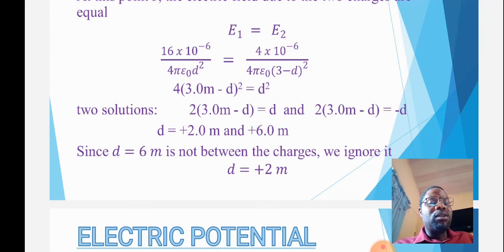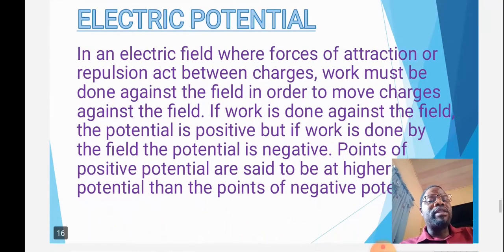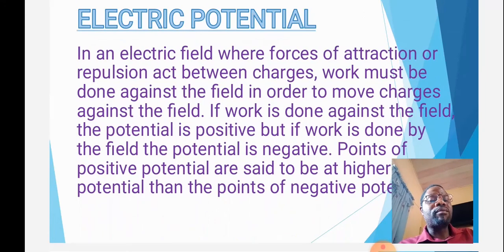Okay. Then we move over to electric potential. We say that in an electric field where force of attraction or repulsion acts between charges, work must be done against the field in order to move the charges against the field.